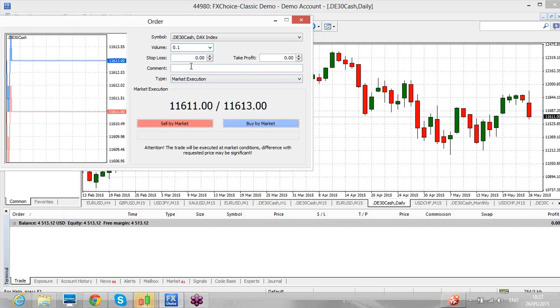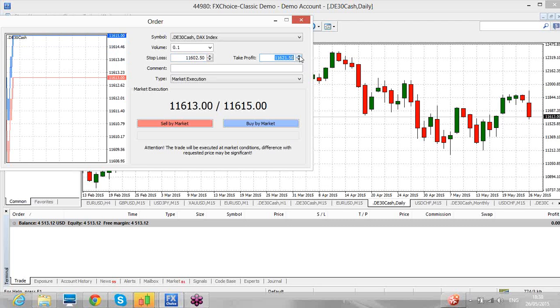On this trade, we have a position here on the DAX at 11611. If we were looking to trade this from a risk reward point of view, if we were buying this market, we'll set our stop 10 points below the market value, and we'll set our target here 10 points above the market.